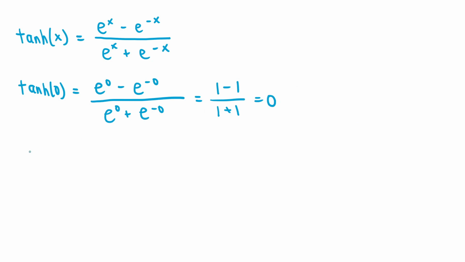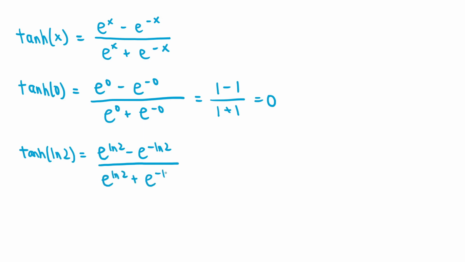If we wanted to find something like tanh of ln of 2, that's just equal to e to the ln of 2 minus e to the negative ln of 2 all over e to the ln of 2 plus e to the negative ln of 2. The exponential and the logarithm cancel out, so e to the ln of 2 is just equal to 2, and we can rewrite e to the negative ln of 2 as e to the ln of 1/2 using logarithm rules.